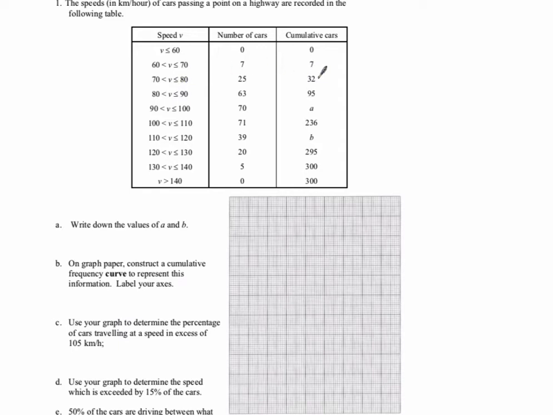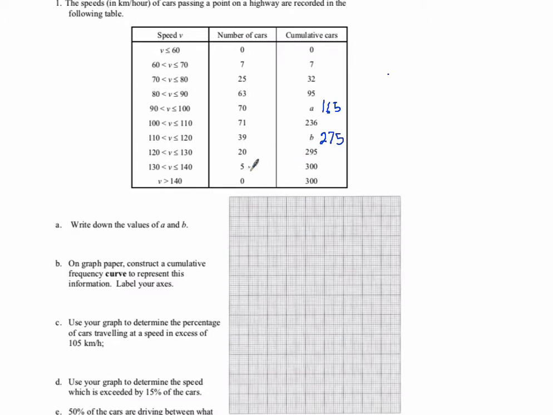This is a cumulative total, so 7 plus 25 is 32, and if you do 7 plus 25 plus 63, you get 95, and so forth. Let's figure out what A is. There's a cumulative total of 95 up to this point, plus another 70, that's going to be 165. And here we have 236 plus 49, so the cumulative total should be 275 if you add that together.